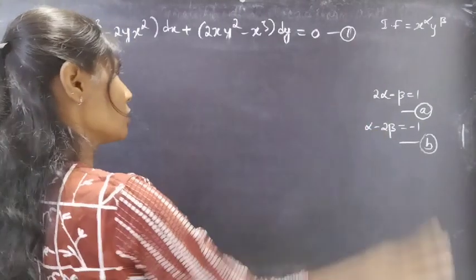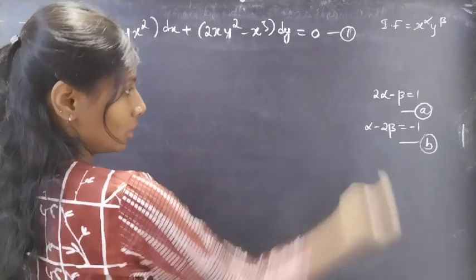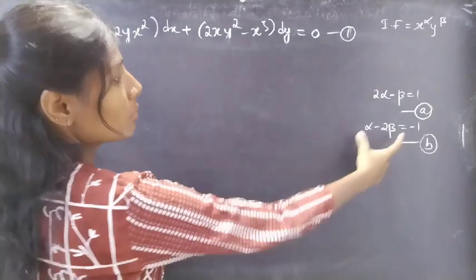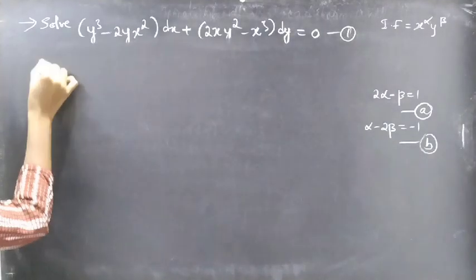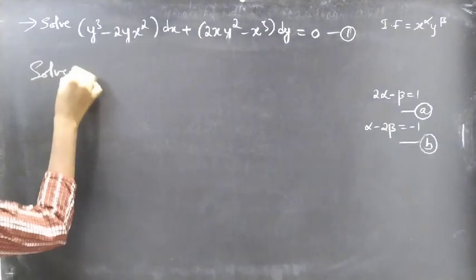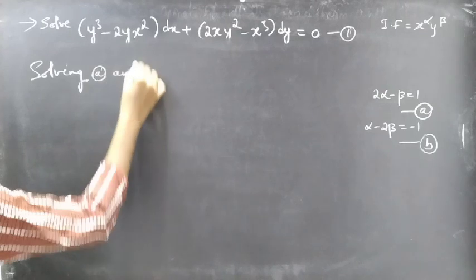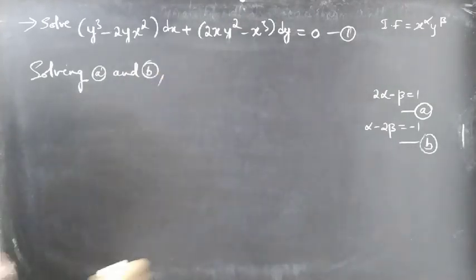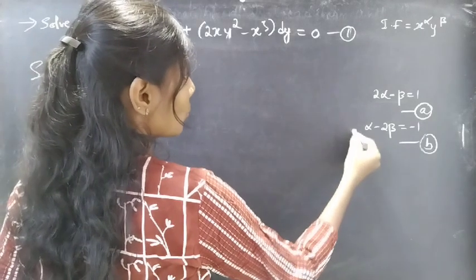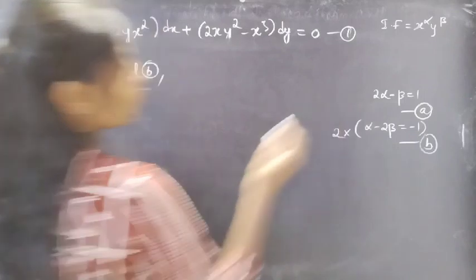In order to cancel the terms involving α by solving A and B, we need a 2 here. So we'll multiply equation B by 2.